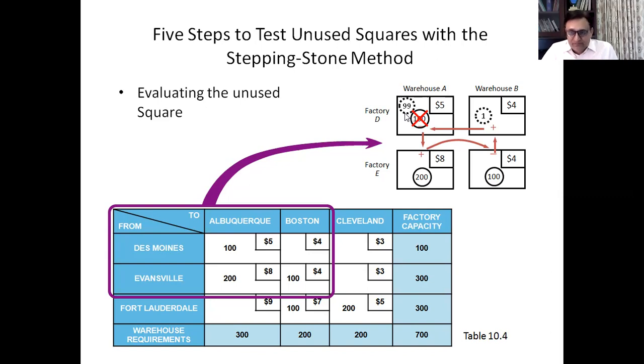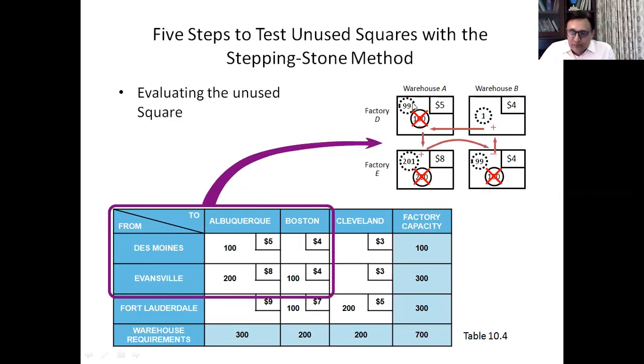And then if 99 is there, the total has to be 300, so it would become 299, so we have to add 1 here, so it will be 201. Similarly here, if 1 is added, the total here cannot exceed 300, so here we have to deduct 1 unit. So in this way we will continue to find out, if 1 unit is added, how alteration will be made in other boxes of unoccupied cells.